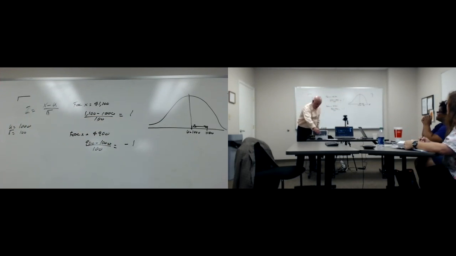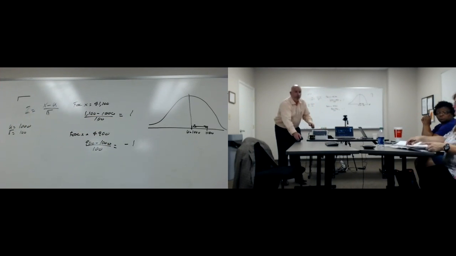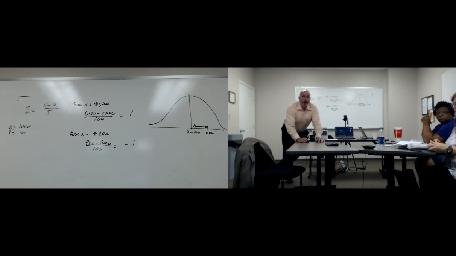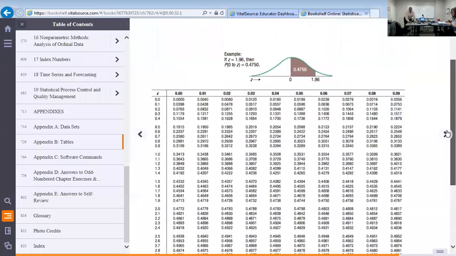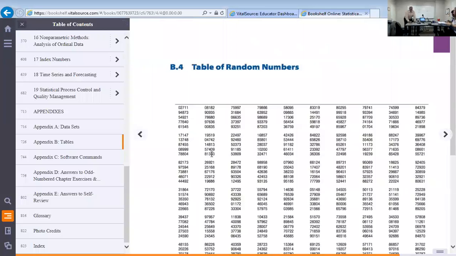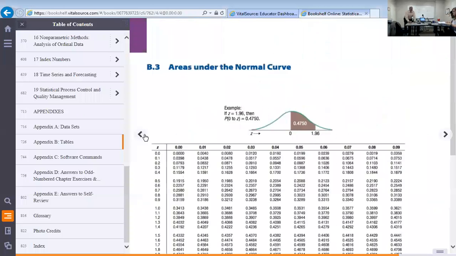Now let's go to appendix B3, areas under the normal curve. And what did we just calculate?